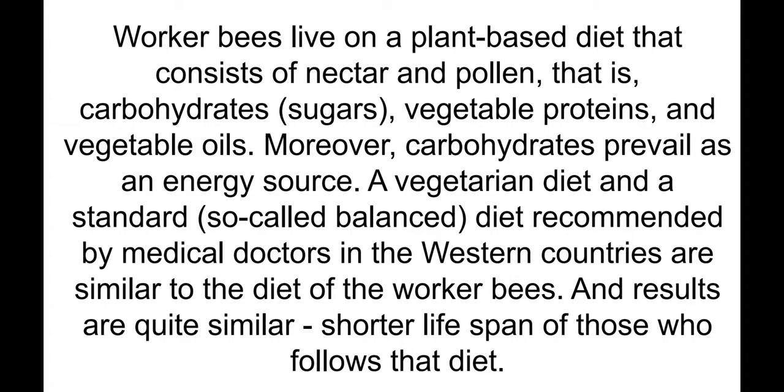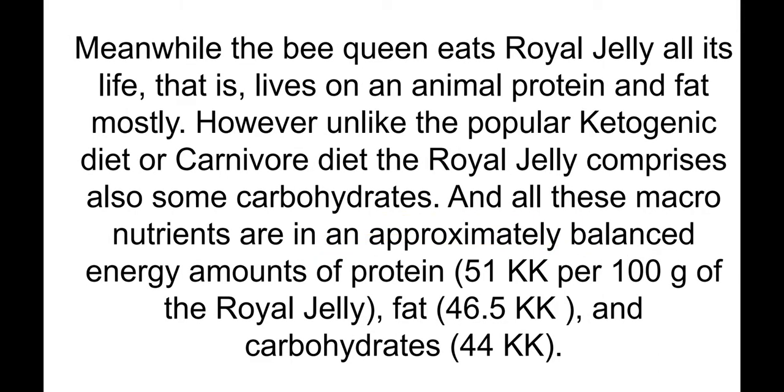Okay? And the queen bee eats only royal jelly. Royal jelly has a different composition. Royal jelly is very close to food of animals, like animals do. So cows, goats, and sheep produce milk for babies, and the composition of the milk is not very close, but has some similarity.